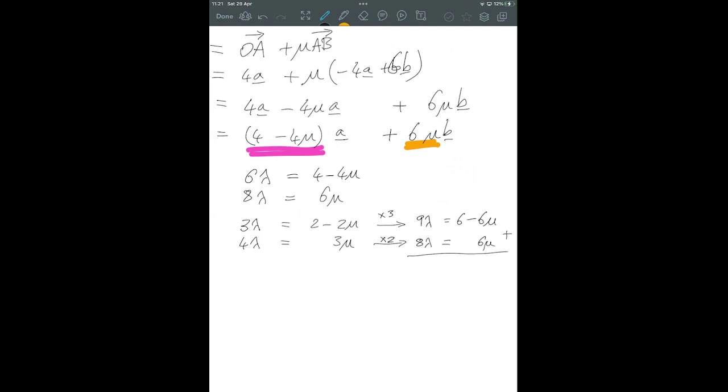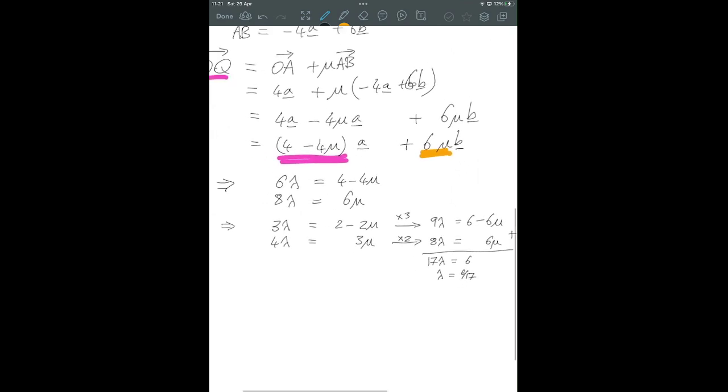So if I add these two equations, I get 17 lambda equals 6, so lambda equals 6 over 17. And we also know then from that equation that 8 times this equals 6 mu, which works out that mu is 8 over 17. Not particularly nice.